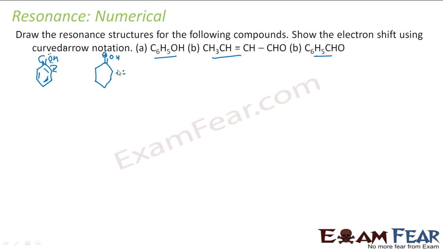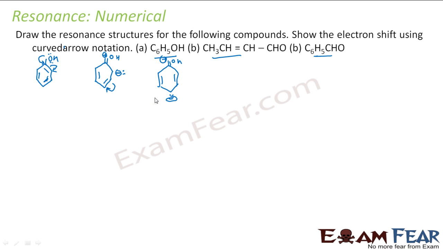And these will stay as they are. In the next case, this bond will break and it will come here to this carbon. It will get a positive charge, and this negative charge combined to form a bond here. So let me draw the structure also. It will be OH with a positive charge. Here these two will form a bond. This will get a lone pair of electrons and negative charge, and this will remain intact.